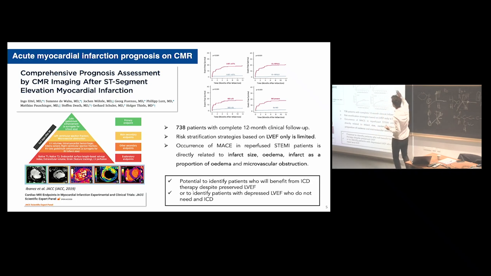And this is very interesting: they realized that, yes, the fraction of ejection is still a useful parameter, but we have 3 more important parameters. The infarct size, the size of the lesion on MRI, the presence of microvascular obstruction in these images, and the size of the inflammation. So we have 3 new biomarkers.